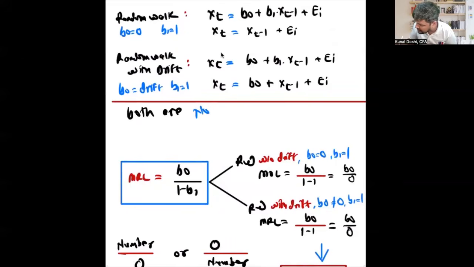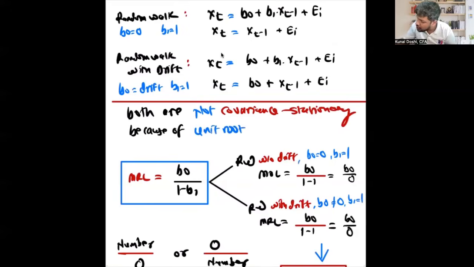I cannot use them. Why? Because of unit root. And what is unit root? Unit root is the issue where B1 equals 1, and that is the outcome which we just discussed.